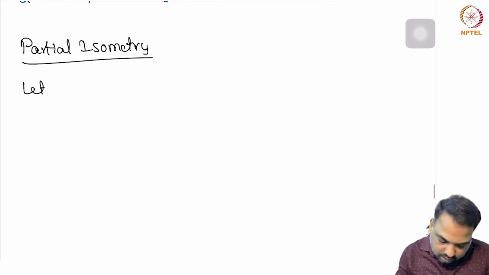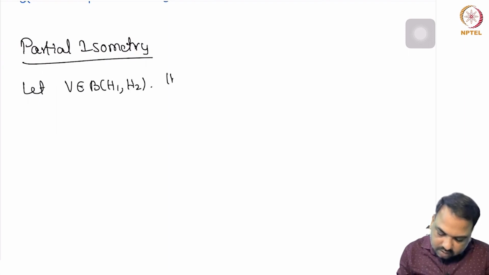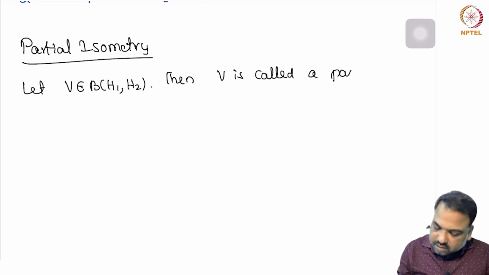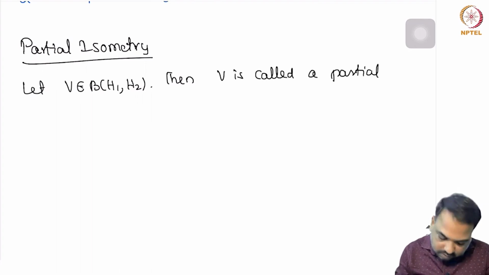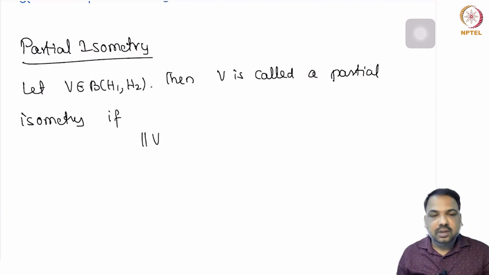Let V be a bounded linear operator from H1 into H2, then we say that V is called a partial isometry if V restricted to null space of V perp is an isometry.